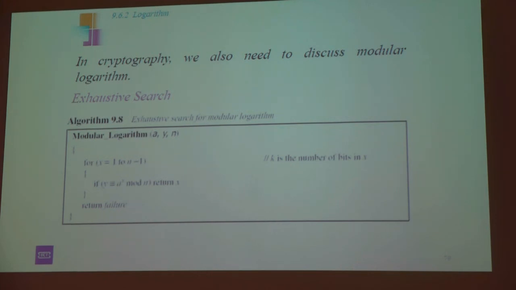What have we covered today? We ended with exponentiation and logarithm. Why do we need to know exponentiation? Because we're going to use it to create the keys in the system.